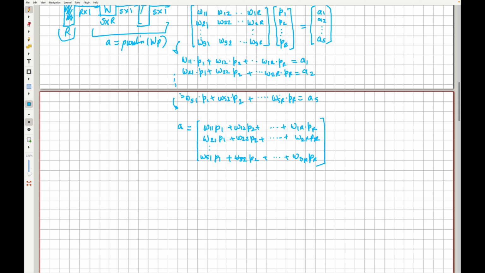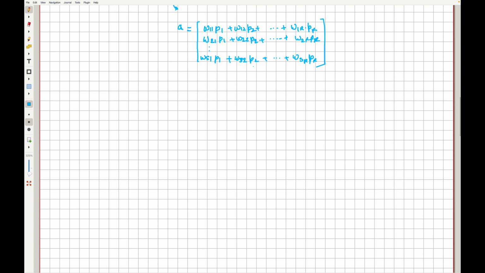So this is the A in vector form, and we can write this in a summarized notation. Let's say any specific row, we call that the ith row. We can say A of I is equal to the sum over j equals 1 to R of W I j P j.